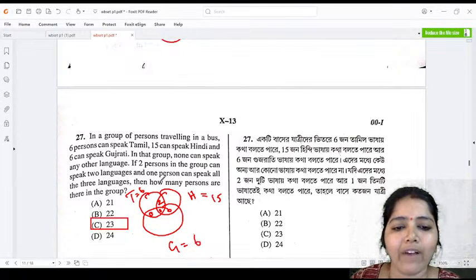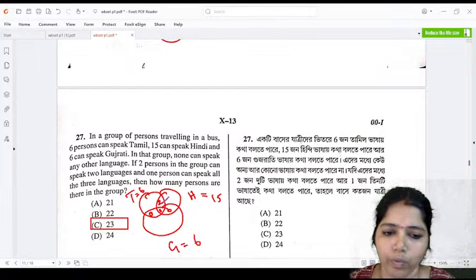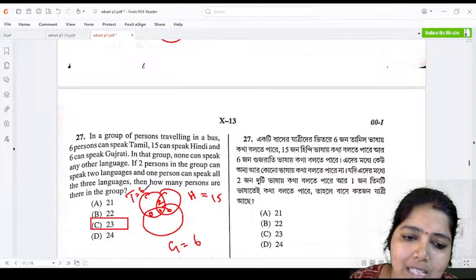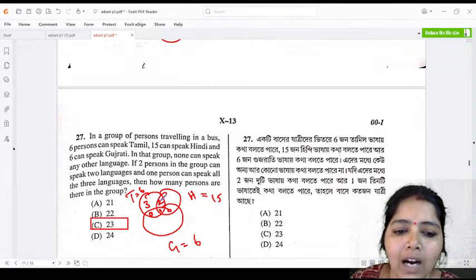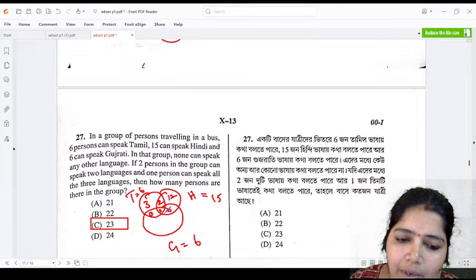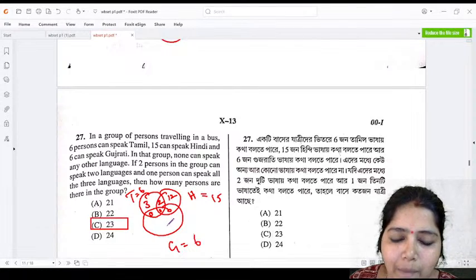We have to find out how many persons are there in the group. How can we write this? Tamil only: 6 minus 2 plus 1 is 3. Hindi only: 15 minus 2 plus 1 becomes 12. Gujarati only: 6 minus 1 becomes 5.